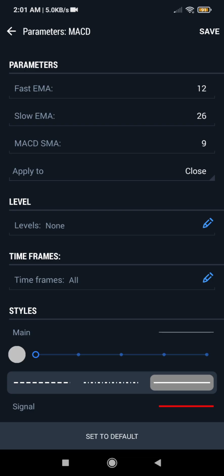However, the colors of our histogram and also the signal line, we are going to change. Depending on the colors that you are okay with, I will increase the thickness of the MACD histogram and the thickness of the signal line so that I can see them clearly. Under the main, you click on the color.